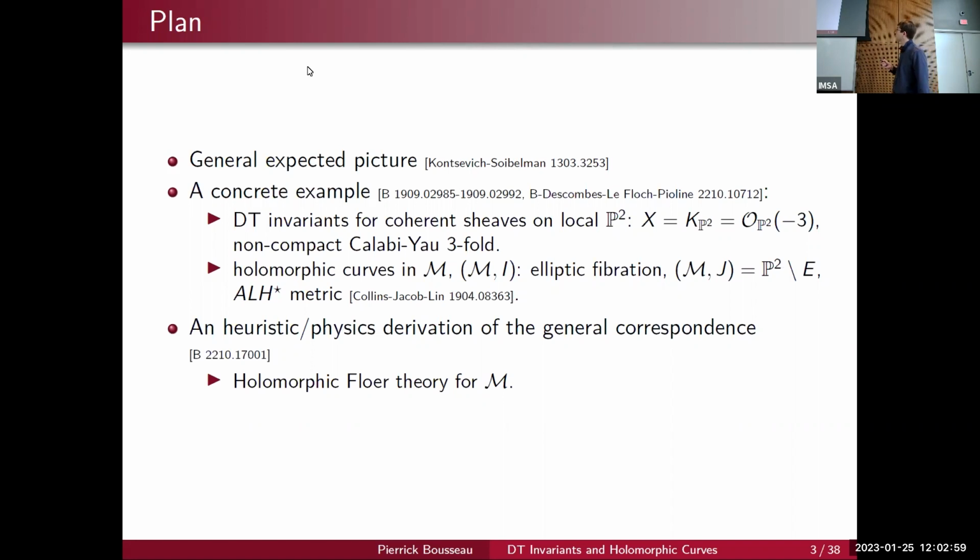In the so-called complex structure J, it will be some affine algebraic variety, which will be simply the complement of a smooth cubic curve inside the projective plane P2. And from the hyperkähler geometry point of view, this geometry has a so-called ALH* metric, which has been recently of interest in differential geometry.